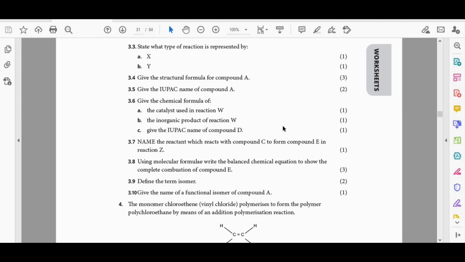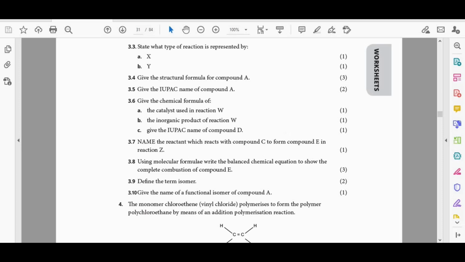So carboxylic acids and esters are functional isomers of each other, so long as they have the same amount of carbons. Here, propyl ethanoate had 5 carbons in it. So what is a name for a functional isomer of propyl ethanoate?